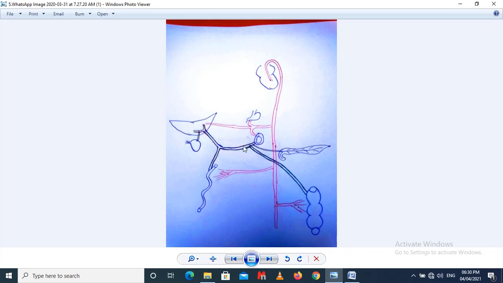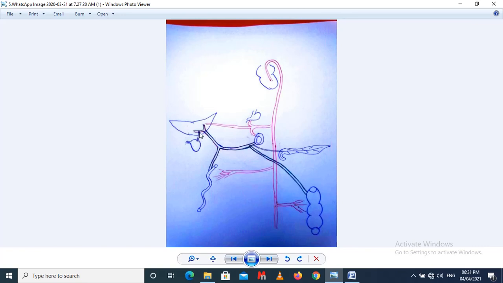To the splenic vein. Now over here we can see there is also a small organ. This organ is called what? This is actually the gallbladder, and this gallbladder also has deoxygenated blood, and from the gallbladder a vein arises. That vein is called the cystic vein.